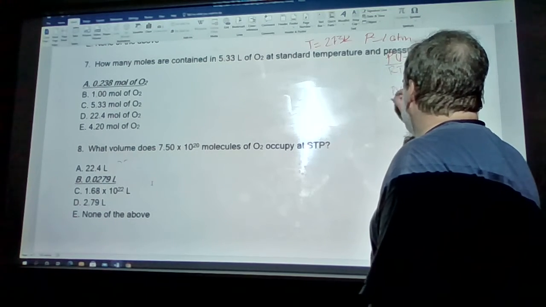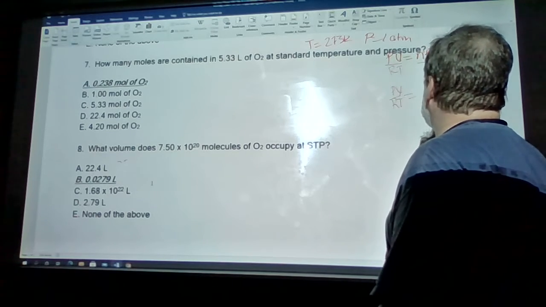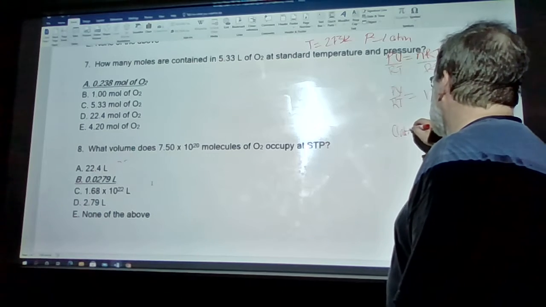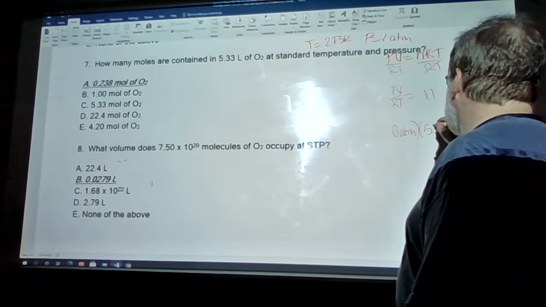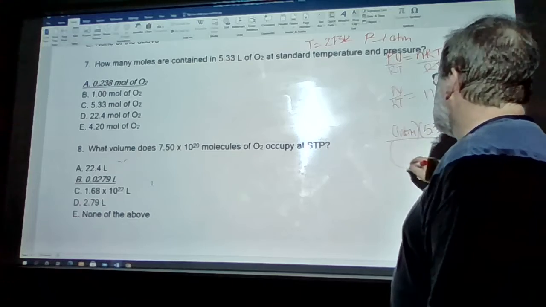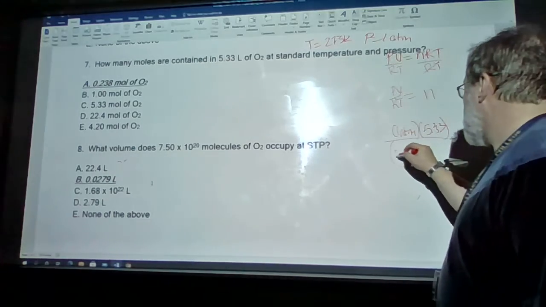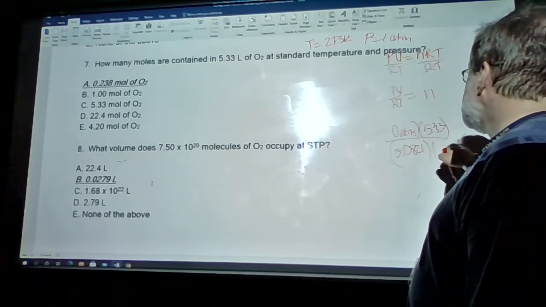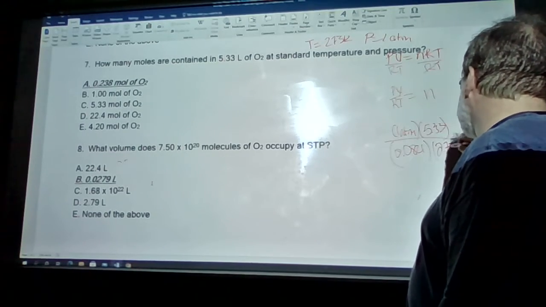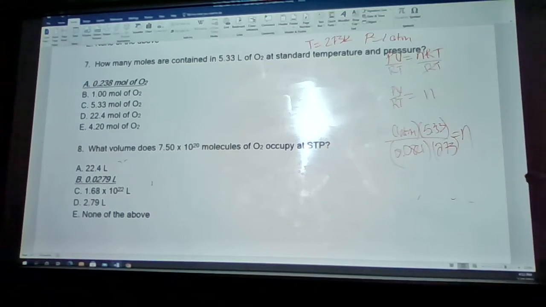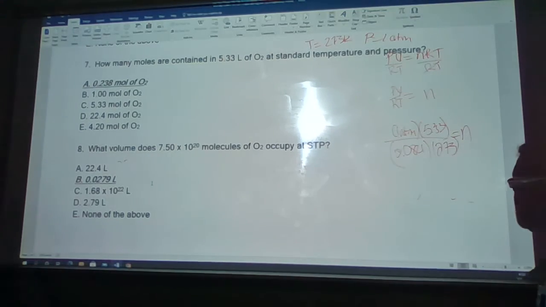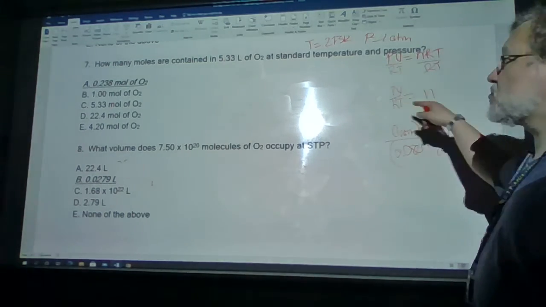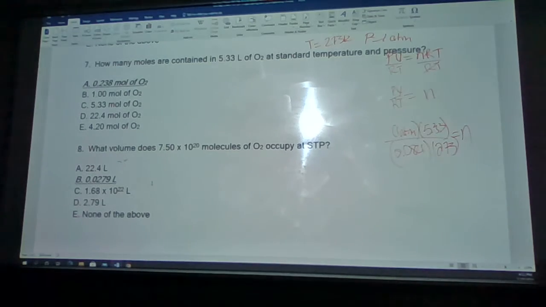So PV over RT is equal to n. Pressure is 1 atm. Volume is 5.33. R is 0.0821. Temperature is 273 Kelvin. So it's 1 times 5.33 divided by 0.0821 divided by 273. Here, the answer should be A, 0.238 moles of O2.